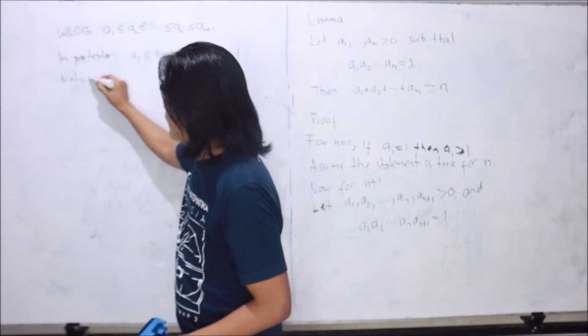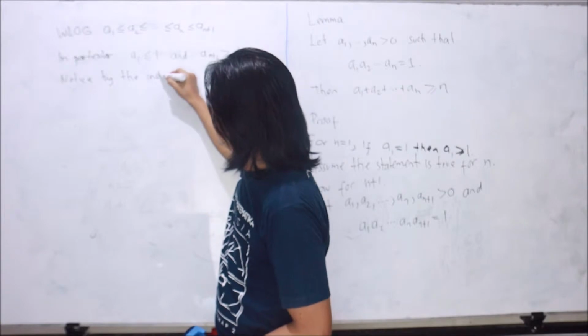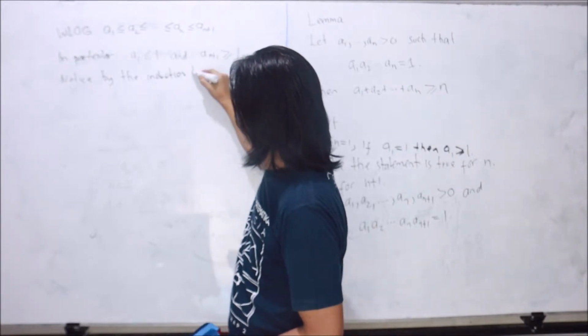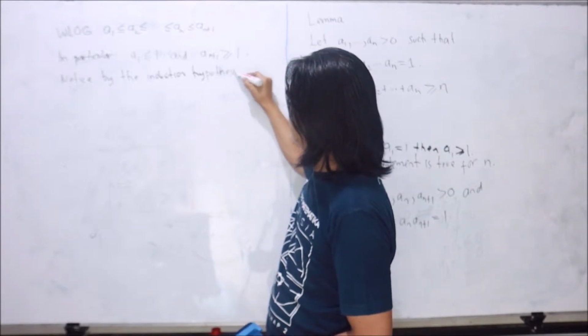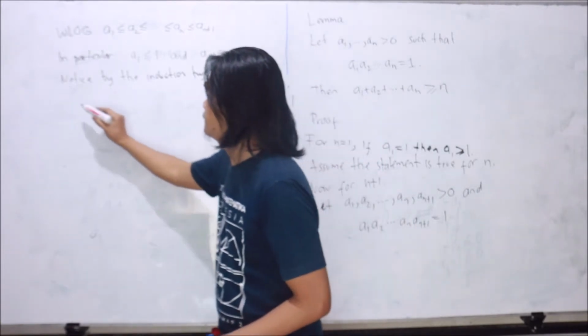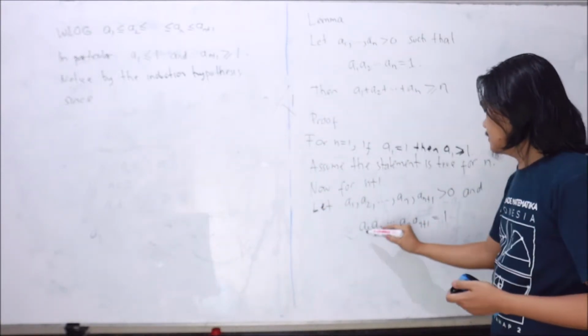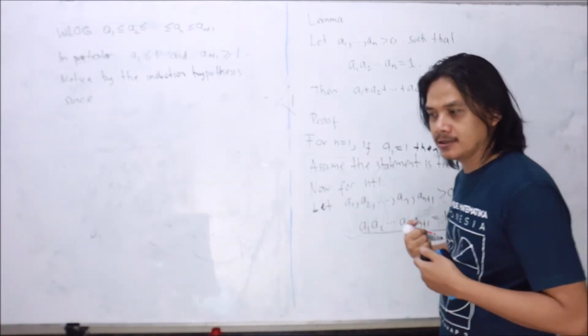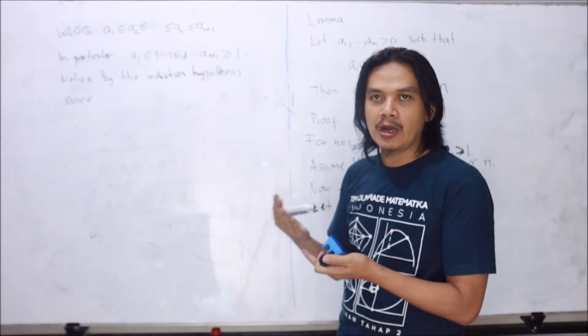Now notice by the induction hypothesis, we need to rewrite the given information as a statement about the product of n numbers. Why do we do that?